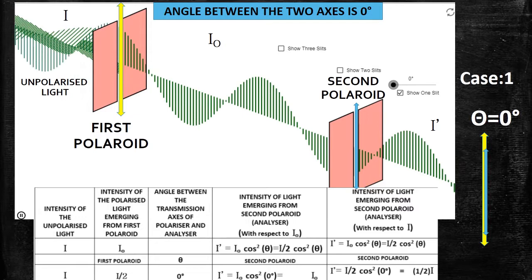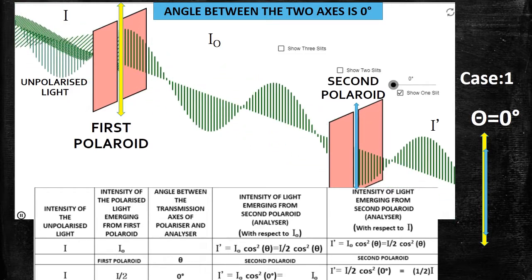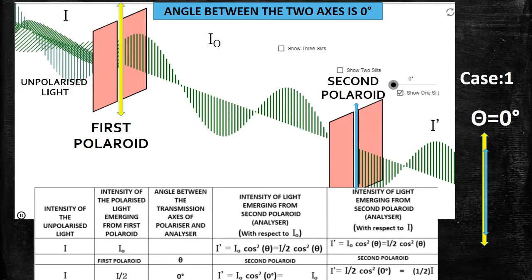Now we are going to calculate the intensity of the light which emerges out from the second polaroid, that is, I dash. How to calculate I dash? To calculate I dash, we have to use Malus law. So I dash is equal to I0 cos square theta. That is the formula. Malus law must be used only for the light which emerges out from the second polaroid.